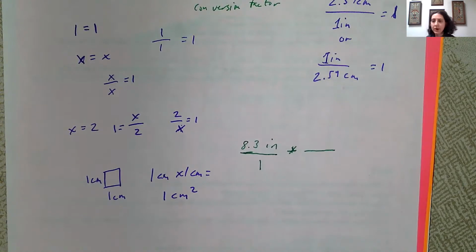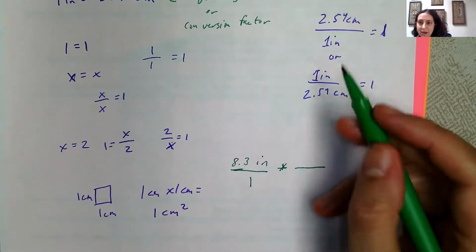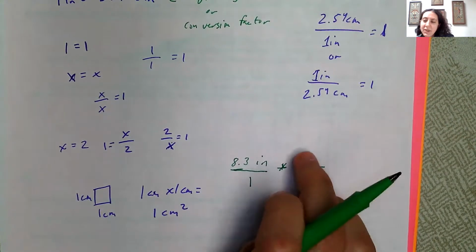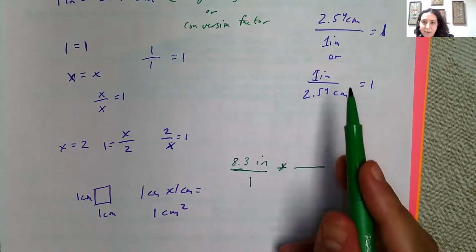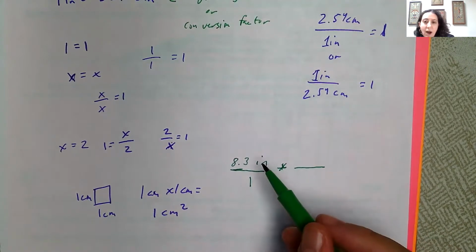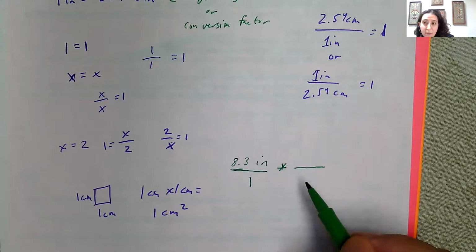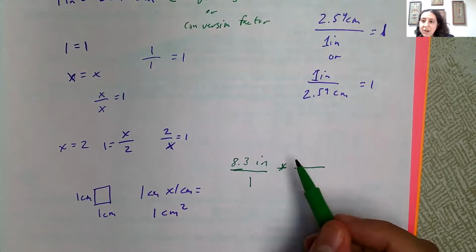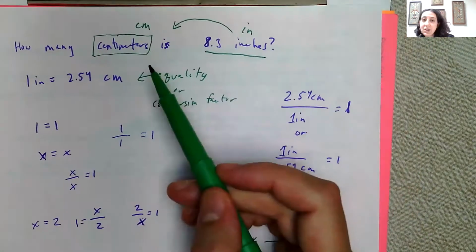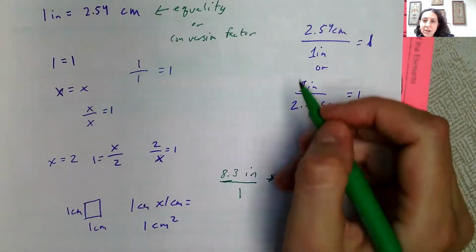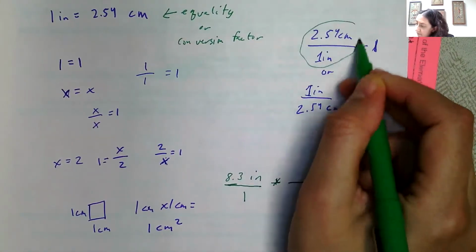That's not completely foreign. Okay, so we're going to take one of these two fractions and put them right here. That's the line that represents the fraction. So I need inches to be on the bottom so it cancels out, and I need centimeters to be on the top because that's the unit I need. So I'm going to choose this one.